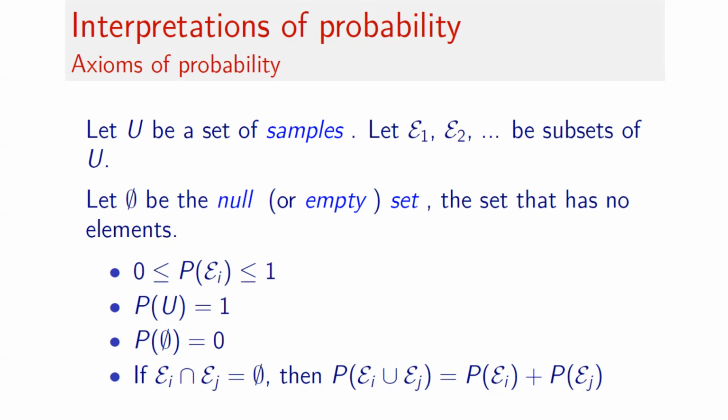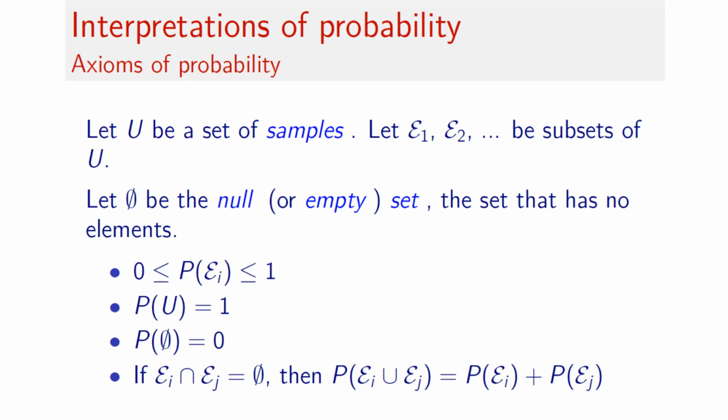The probability of the universe is 1, because it's the probability of all the subsets of our universe, so it's the sum of all the events. The probability of the empty set is 0, because we don't have events.